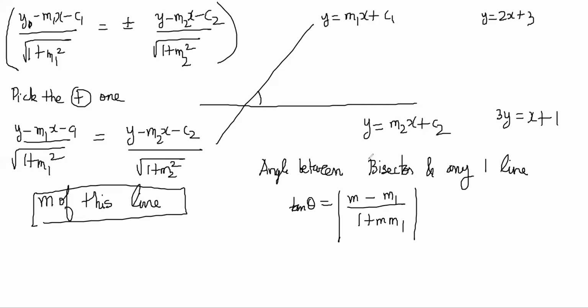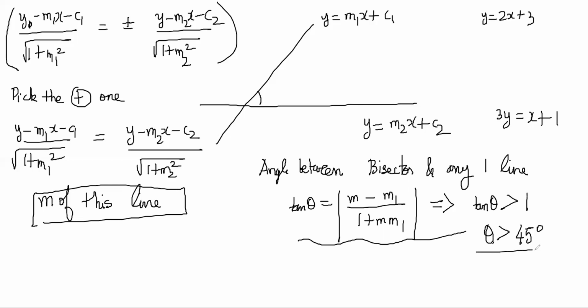We have learned the angle between two lines, right? Tan theta will be the mod of this, correct? So if you find this angle tan theta, if tan theta is greater than 1, what does it mean? Theta is greater than 45, right? So if this angle was greater than 45, then this total angle must be greater than 90, no?